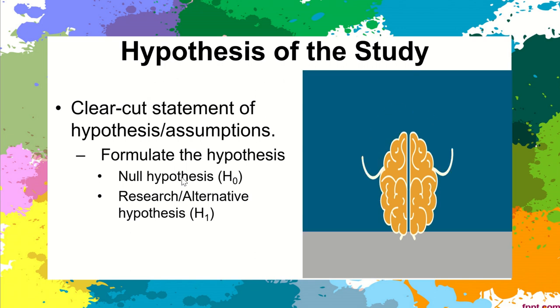That is how we state it: there is no significant effect or no relationship or significant difference between the variables. So our null hypothesis is always no or negative. While the research or alternative hypothesis states your research prediction of an effect or relationship. So basically, it's the opposite of the null hypothesis.